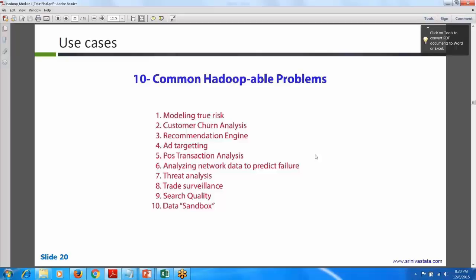So for modeling true risk, to stop archiving the data, Hadoop comes into the picture. In Hadoop, no need to archive the data. All the data will be available to the user always, because we store the data on cheaper hardware, not very costly hardware. There is no archiving concept in Hadoop.